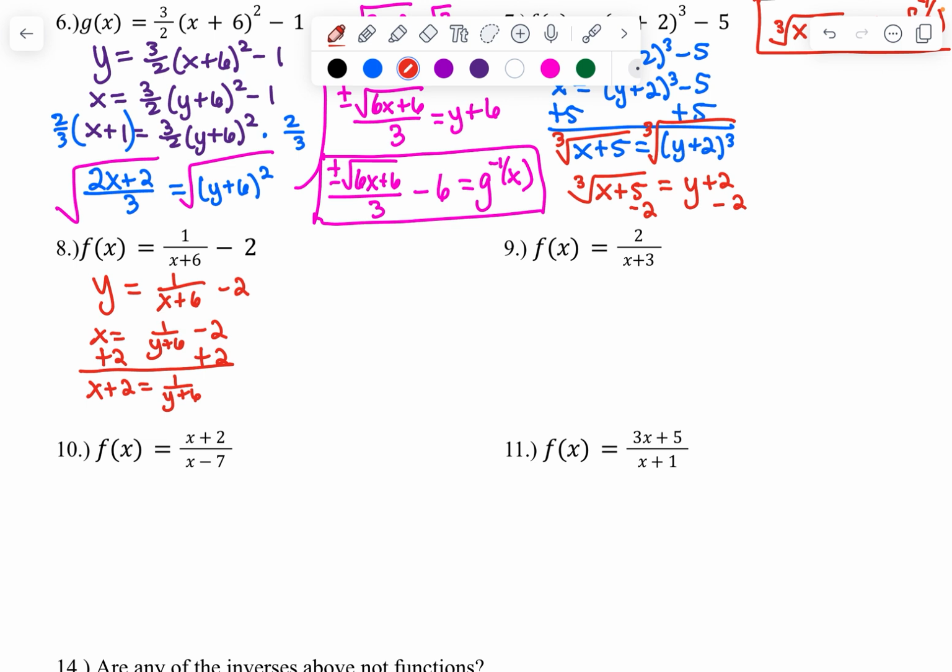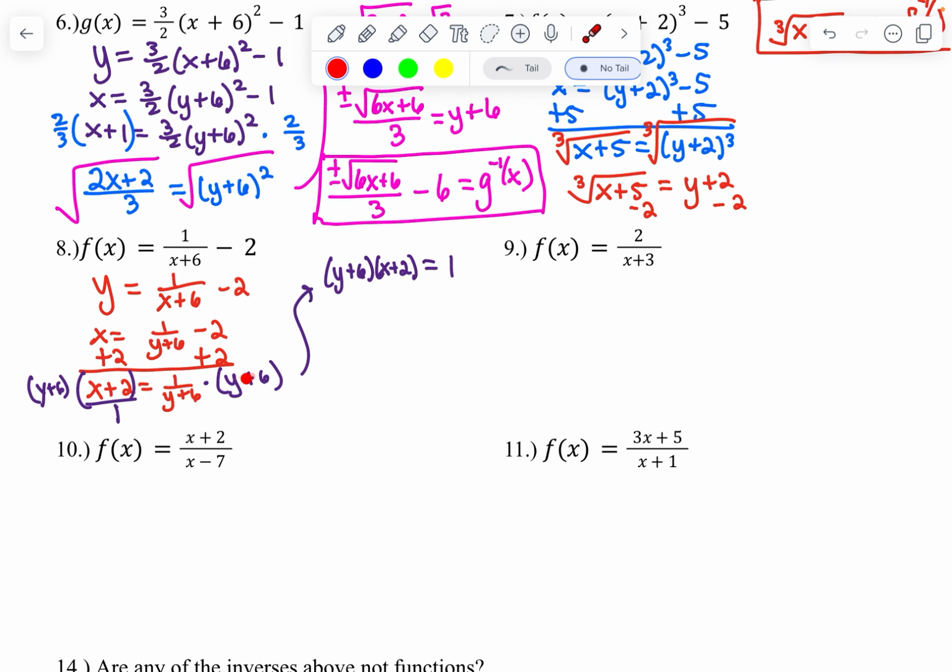And then I don't want that y plus 6 in the denominator, so I'm going to multiply both sides by it to cancel it out. You could also think of this as cross multiplying, like think of this as being over 1 and then cross multiply. However you want to think about it, but we will get to the point where we have (y plus 6) times (x plus 2) equals 1.